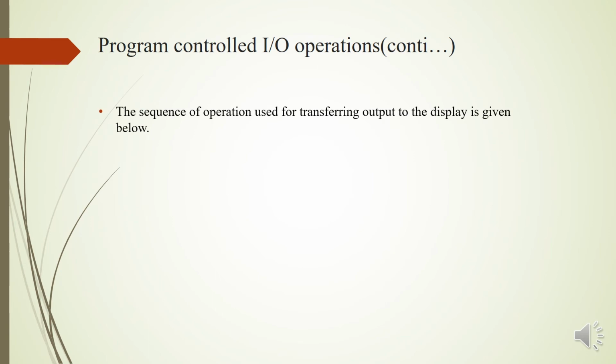In a program controlled I/O operation, the following sequence of operations is used to transfer output to the display. This is the instruction: wait for a write signal, branch to write wait if SOUT is 0.